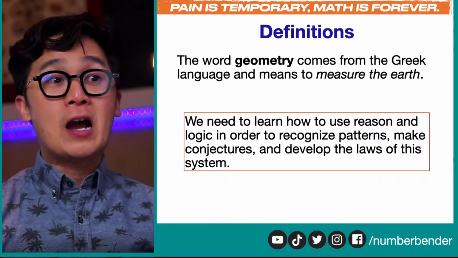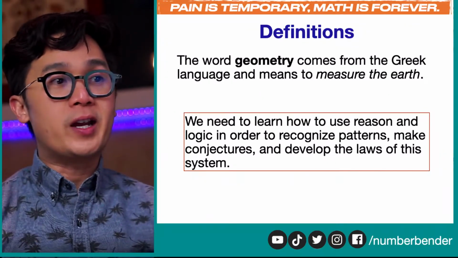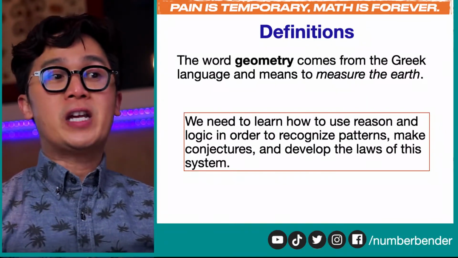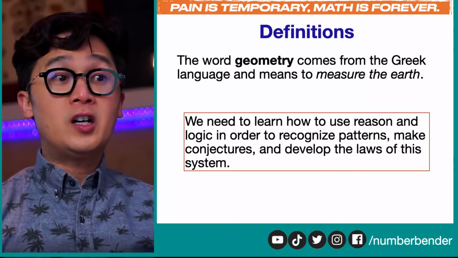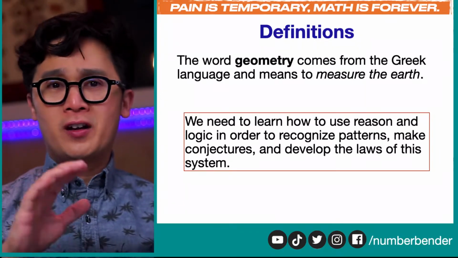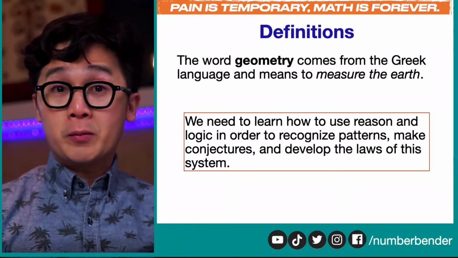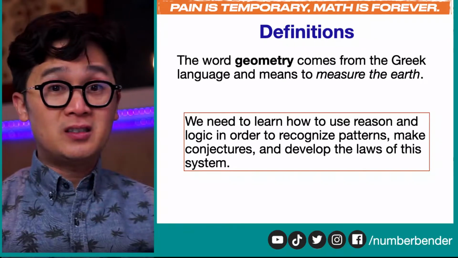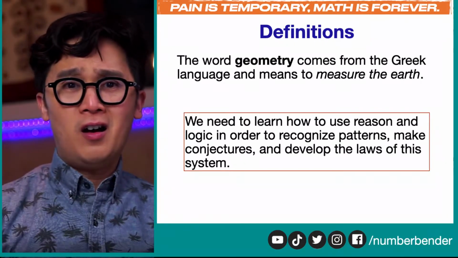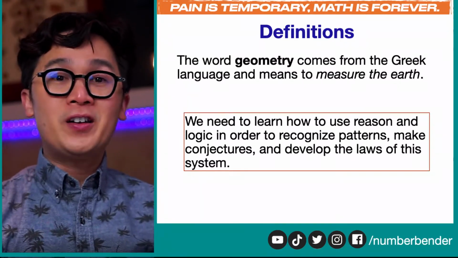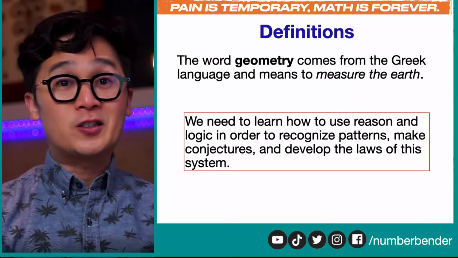So we need to learn how to use reason and logic in order to recognize patterns, make conjectures, and develop the laws of this system. There are several words here that we don't normally use, like conjectures and laws, and there are even laws in mathematics. That is what we're going to be understanding and learning in today's lesson.